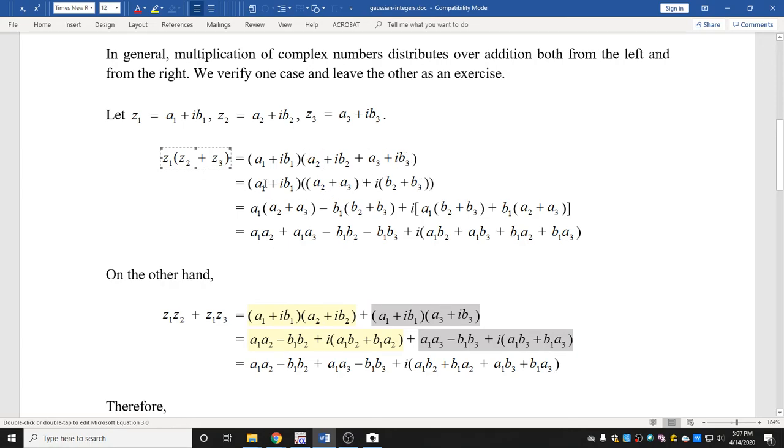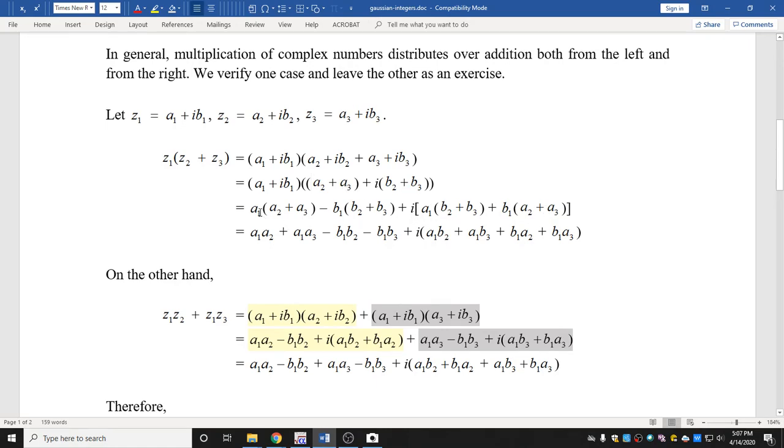The rule is you multiply a1 times (a2 plus a3) minus b1 times (b2 plus b3). That's the real part of the result of their product. And then the imaginary part is a1 multiplied by (b2 plus b3) plus b1 times (a2 plus a3).